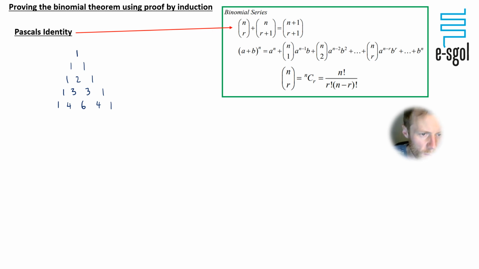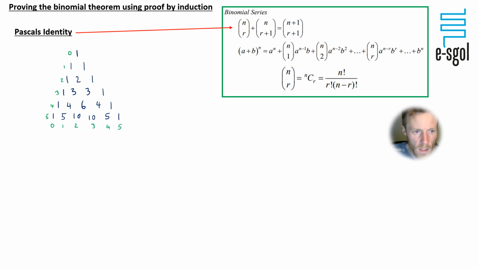Yeah, let's go down one more. 1, 5, 10, 10, 5, 1. Because a nice way of just explaining what this is talking about is just using the triangle. So here we have our 0 row, 1 row, row 2, row 3, row 4, row 5. And then we also have columns. I guess this is kind of like column 0, 1, 2, 3, 4, 5.